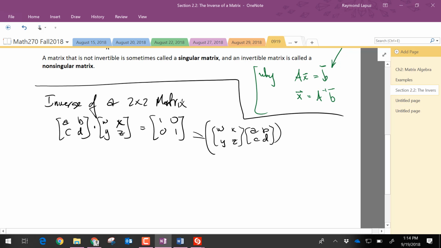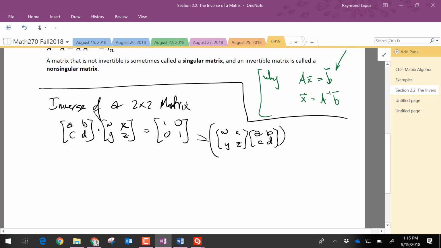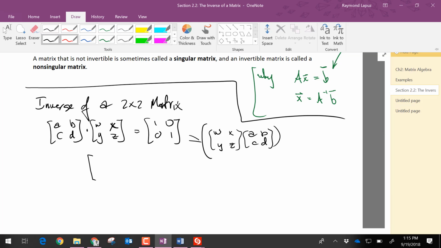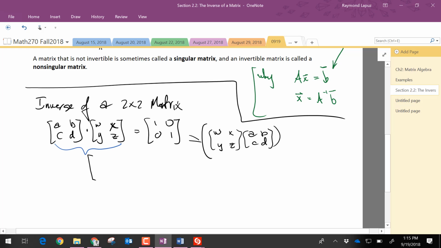So AB times WY. In the first component of my matrix multiplication, this should be equal to AW plus BY, and then AX plus BZ, and then CW plus DY, and then CX plus DZ.